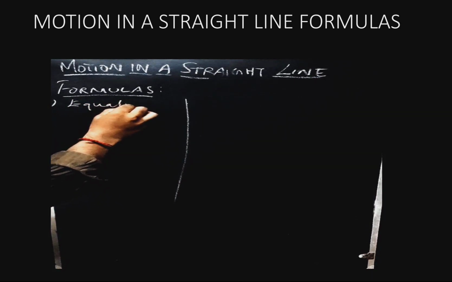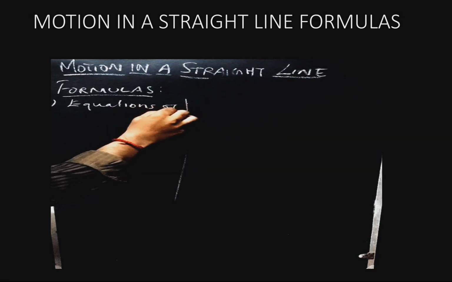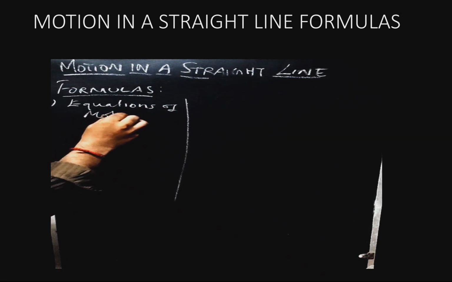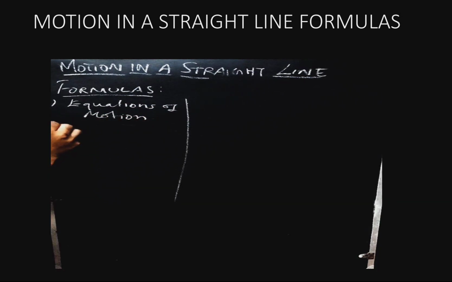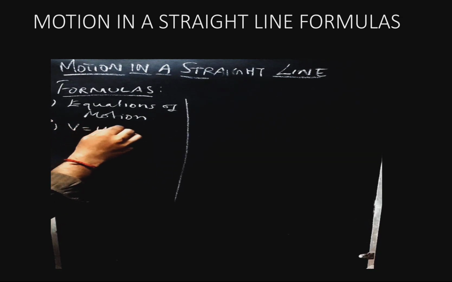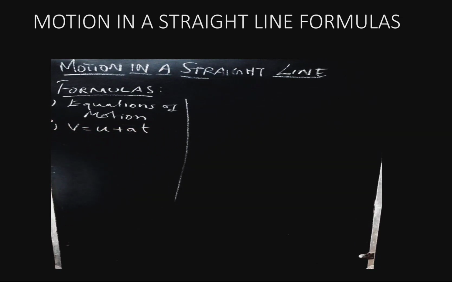So equations of motion. As I discussed, there are three equations of motion. You already know that. The first one is v equal to u plus at, where v is final velocity, u is initial velocity, a is acceleration, and t is time taken.